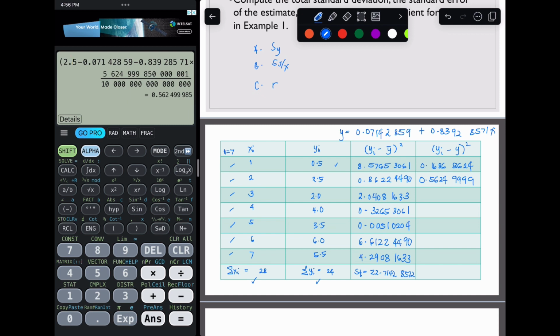And then we have a 3 and a 2, so 0.34725766. Then we have a 4 and a 4, so 0.32653061.